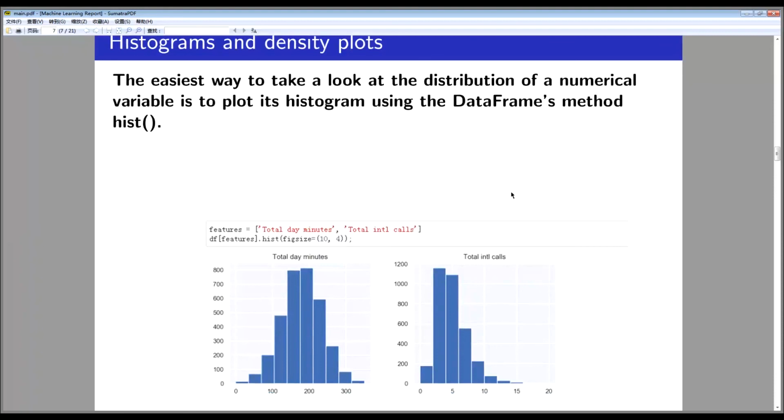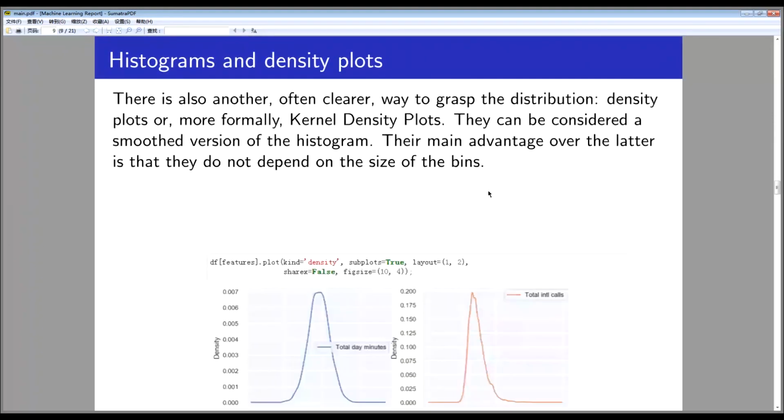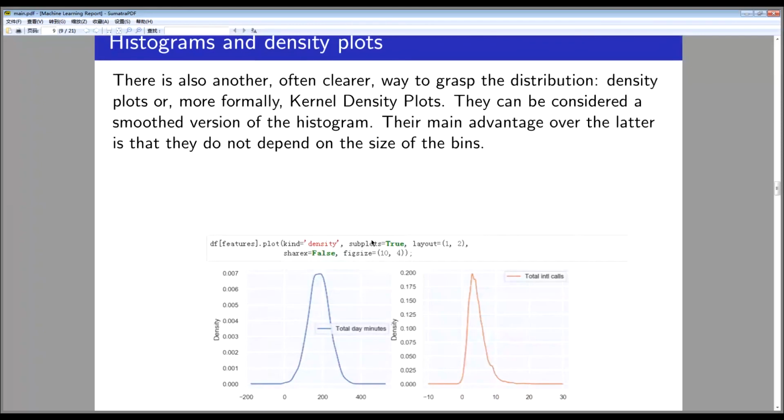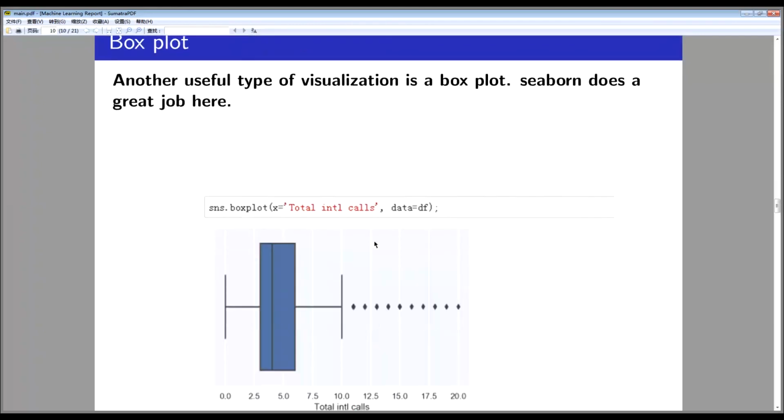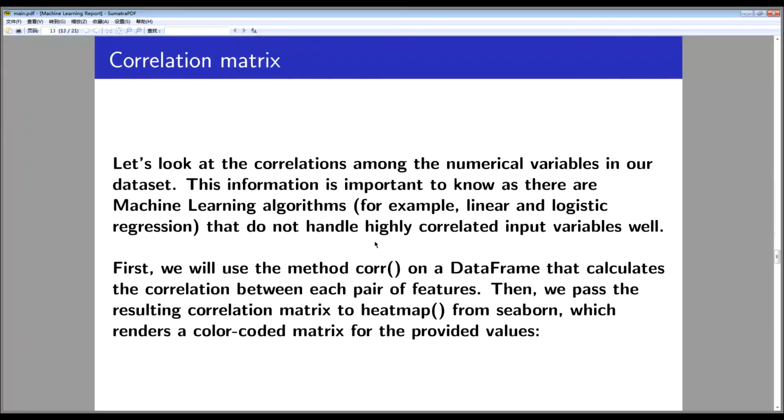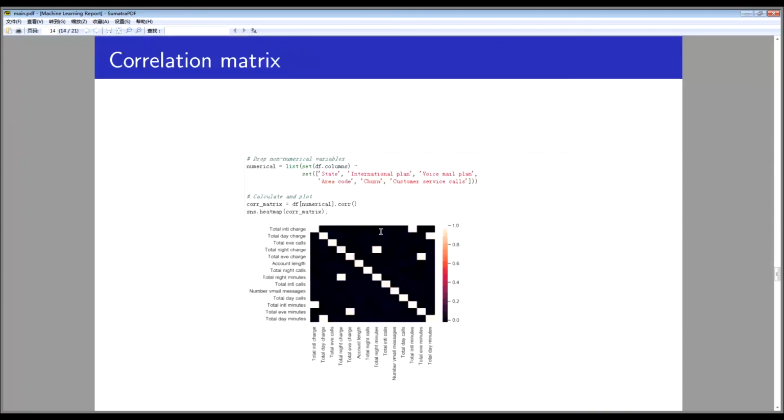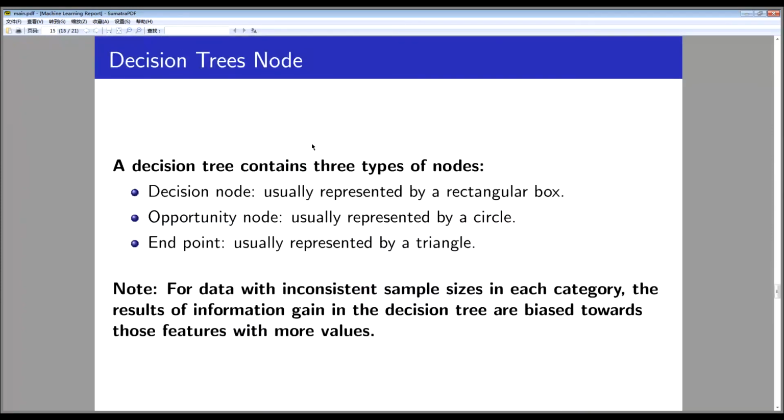And so on. And I study decision trees. A decision tree contains 3 types of nodes: decision node, opportunity node, and point.